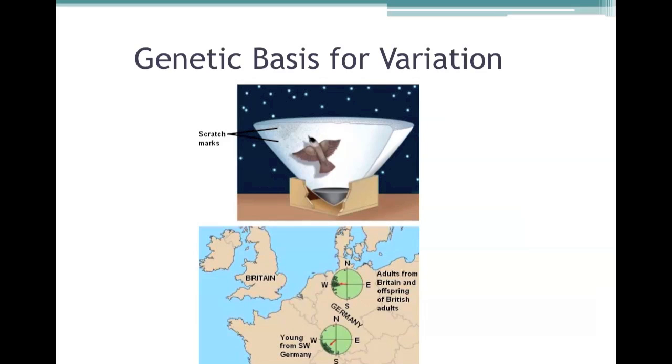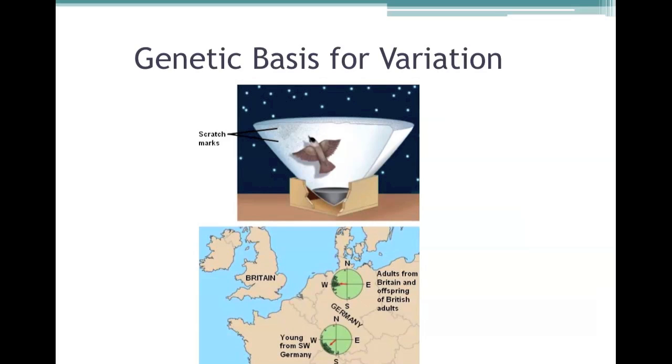Blackcaps from Britain will move south towards the Mediterranean during the winter. What scientists started to notice over the last few decades is that more and more of the blackcaps in Britain were staying in Britain, or so it appeared. In actuality, what they discovered was that the blackcaps were not just staying in Britain, they were originating from Germany. So German blackcaps were migrating westward instead of southwesterly.